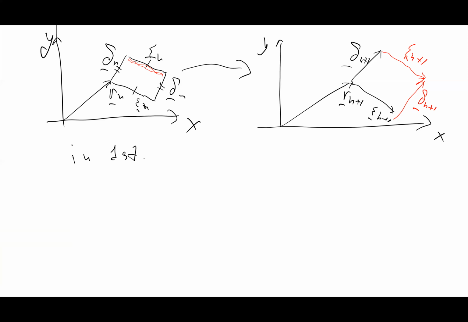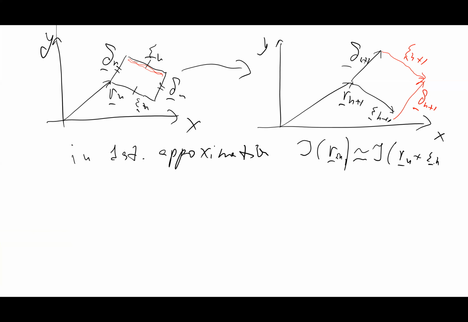In first approximation, let's put it like this: Jacobian at Rn is roughly equal to Jacobian at Rn plus epsilon n, and roughly equal to Jacobian at Rn plus delta n, because epsilon and delta are small.